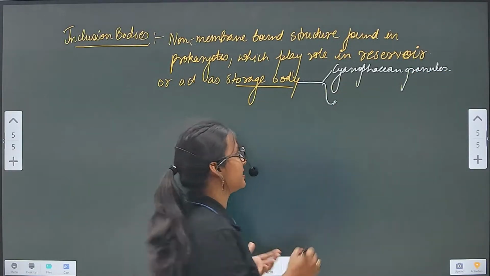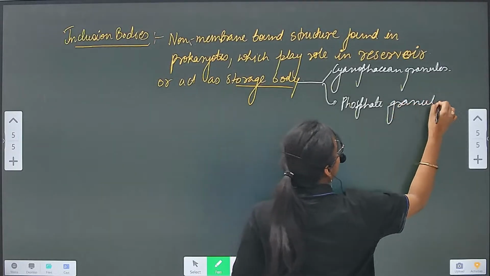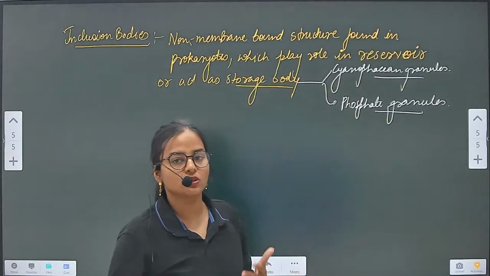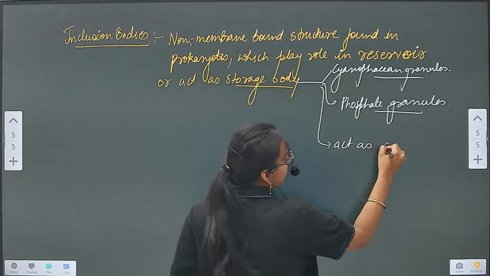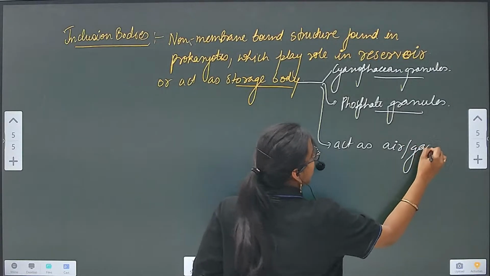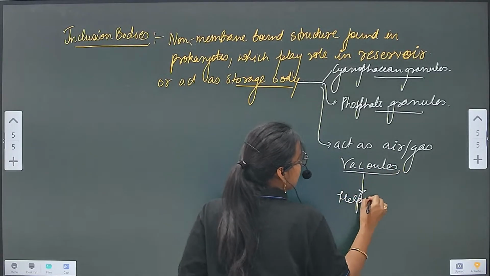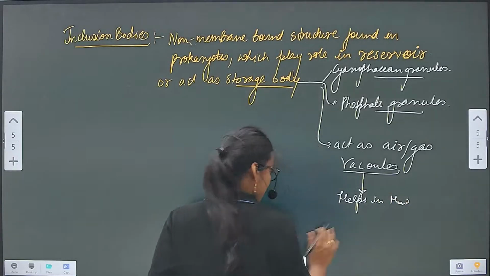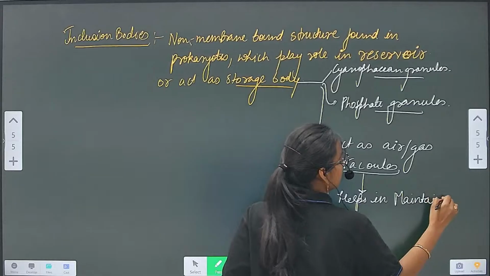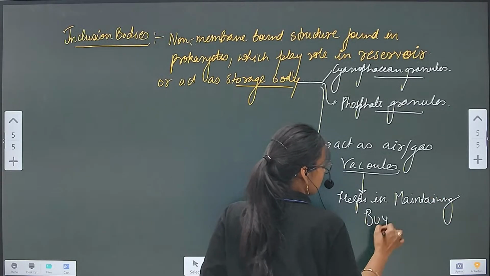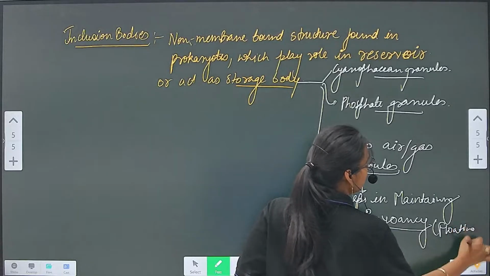It can store some ions like phosphate granules, etc. Or they can store air, so we can also say they act as gas vacuoles, which help in maintaining buoyancy, that is, simply help in floating of the prokaryotes.